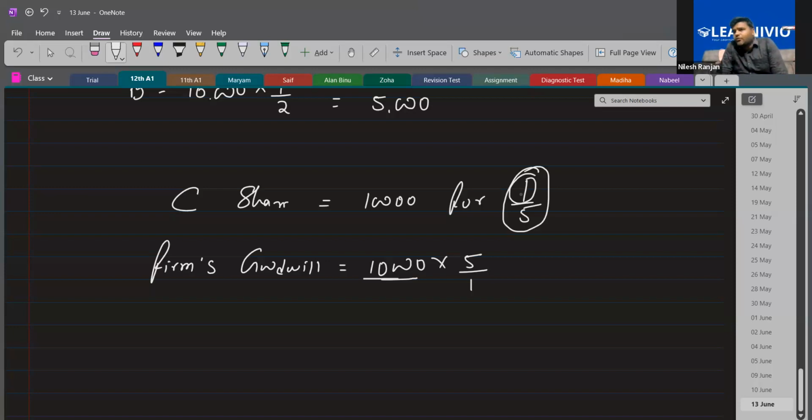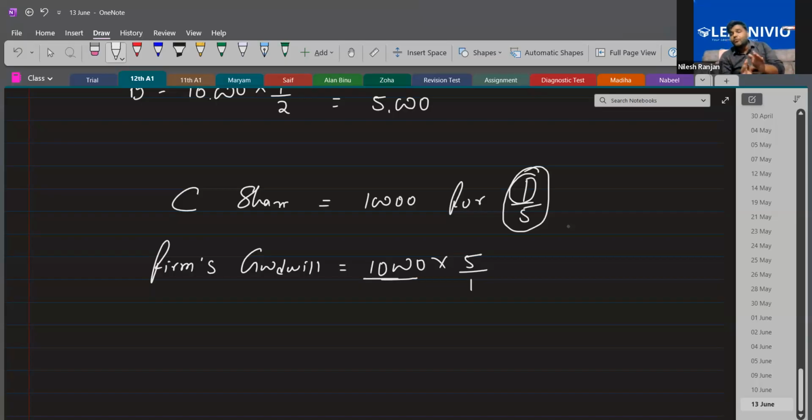So what will be the value of total 5 pens? Anyone? Sumaya, you should tell me. Hello, Sumaya. Can you repeat the question again? Yes. There is total 5 shares. For 1 share, C is giving 10,000.